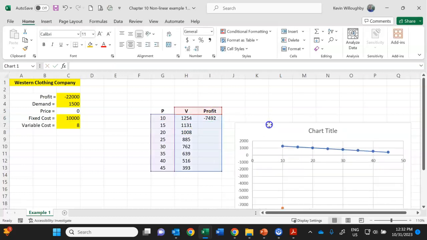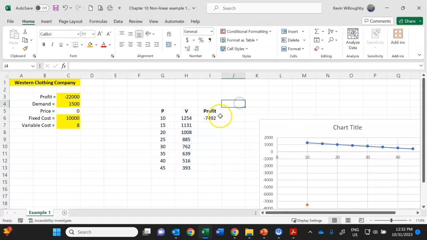And there's our profit. Oh, that's not too good. Minus $7,492 at that price. So basically, we're not making any money. We're losing a lot of money. Our variable cost is $8, and we're only selling it for $10, so we need to sell a lot more units or increase our price.